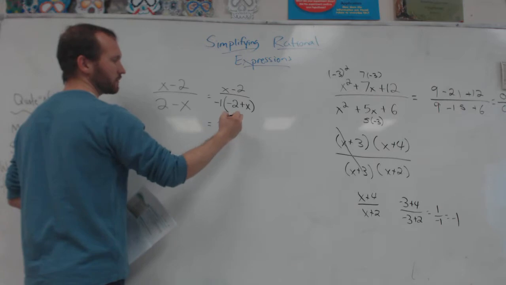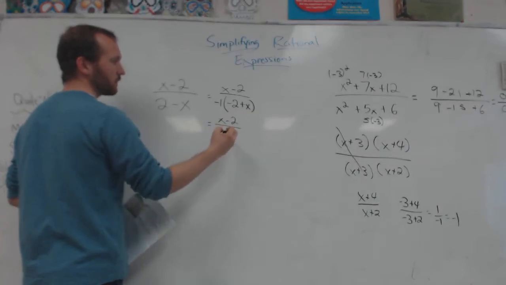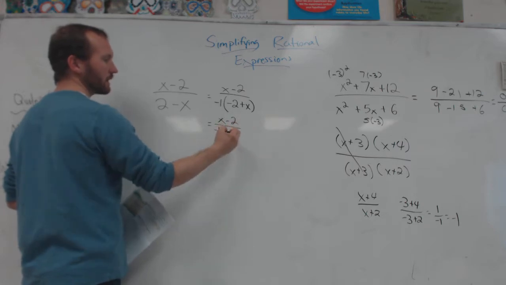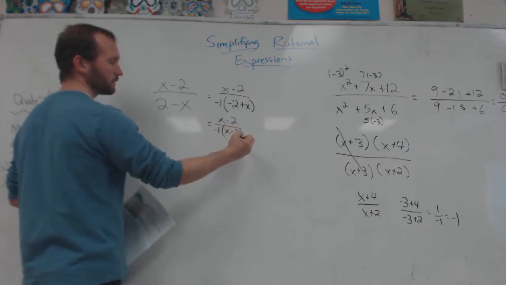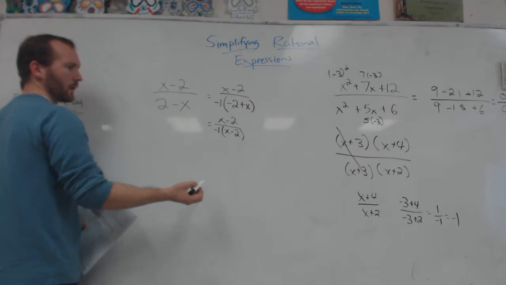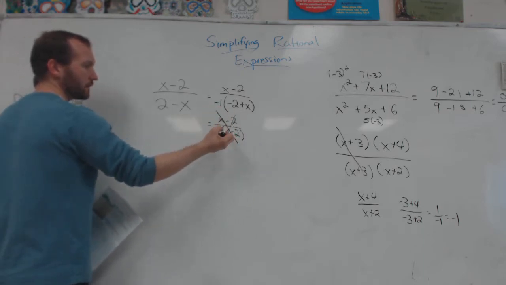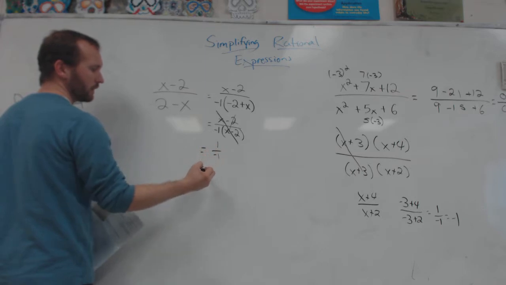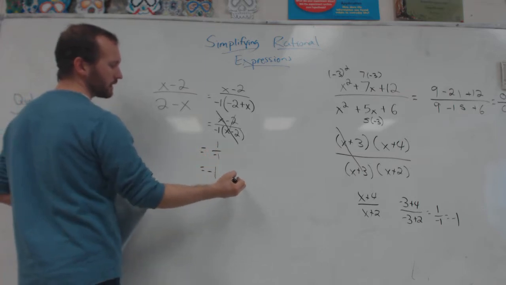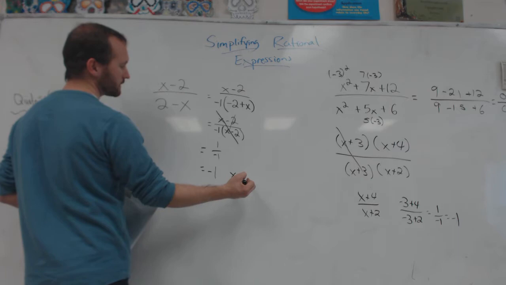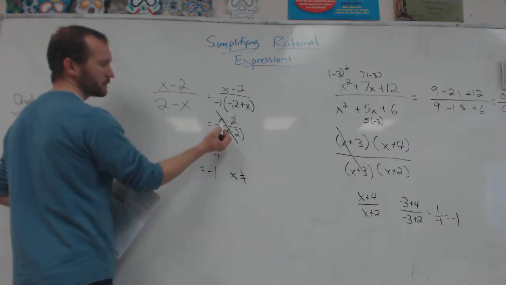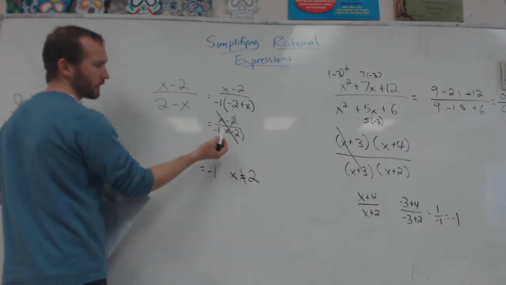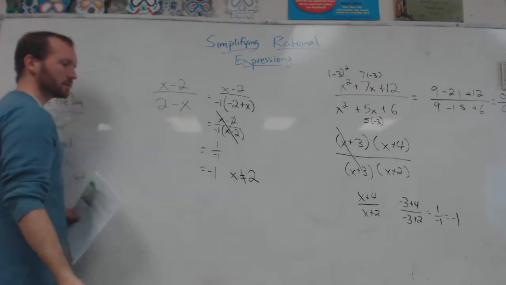So we have x minus 2 over -1 times, this could be written as x minus 2. Now I can cancel those out. And so this expression would be 1 over -1, or just -1, as long as x does not equal 2. Because I canceled out x minus 2.